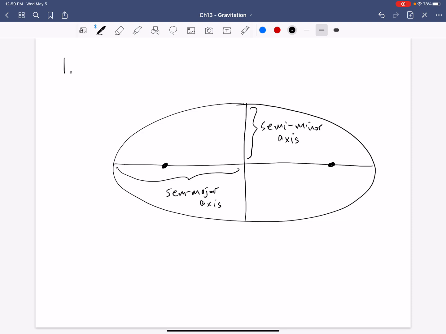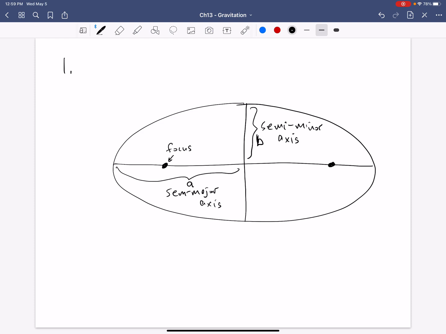These are traditionally given variables a and b, so I'll write a and b right there. By the way, this is one focus, and an ellipse has two foci.